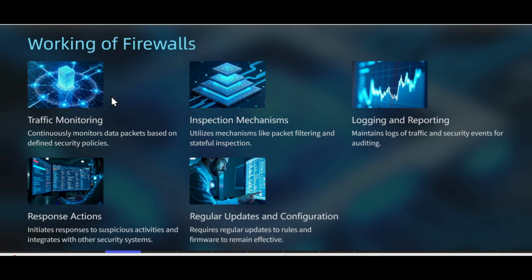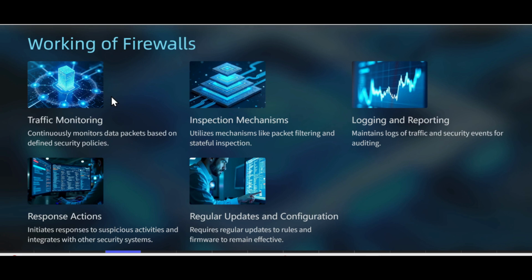Now let's understand how a firewall actually works. Firewalls continuously monitor incoming and outgoing traffic based on security policies defined by administrators. They use inspection mechanisms such as packet filtering, stateful inspection, and deep packet inspection to analyze the traffic.